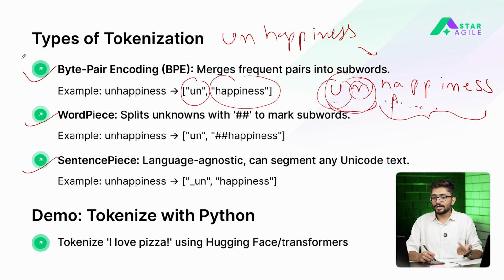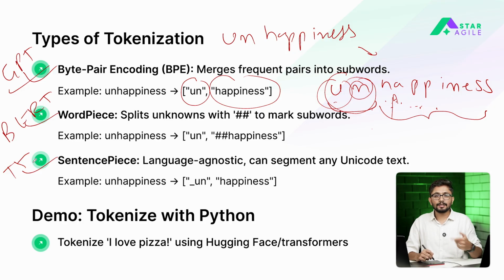So byte pair encoding is used for GPT models. So models like GPT-2, GPT-3, those models use byte pair encoding. Word piece tokenization is used for training models like BERT, and sentence piece tokenization is used for training models like T5, which are basically the most language agnostic models out there. So these are the popular three tokenization techniques.